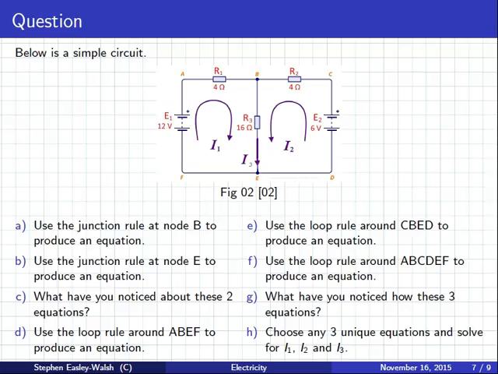Great. Start here. 6 minus 4I2 minus 16I3 equals 0. Very good. Write this down. She said 6 minus 4I2 minus 16I3 equals 0.